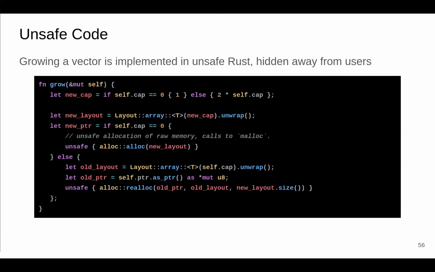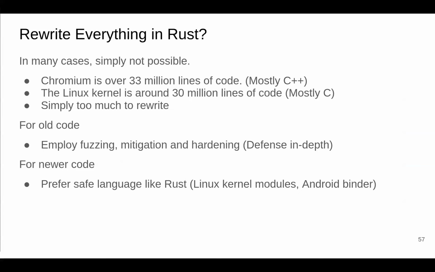Now, as we've discussed before, should we rewrite everything in Rust? Well, in most cases, it's just not possible. Right, the core of the Chrome browser is 33 million lines of code, with about 60 million lines of code in support libraries around it that are all written in C and C++.